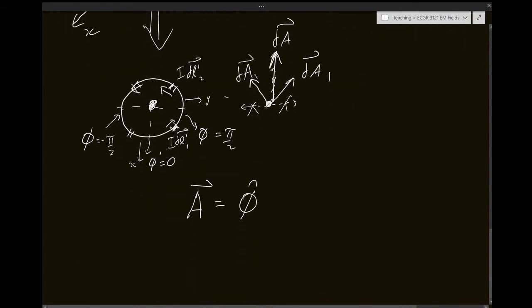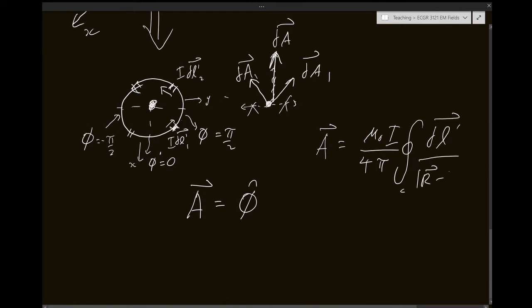right? So I'll just apply the Biot-Savart law. What is the Biot-Savart law in terms of the A vector? When we know it's mu naught I over 4 pi integration of the loop dl hat over r minus r prime, right?